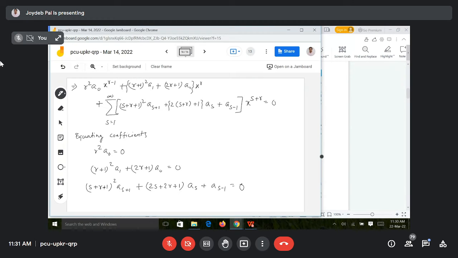Okay, so the coefficient of the lowest degree term equal to 0 gives us the initial equation.